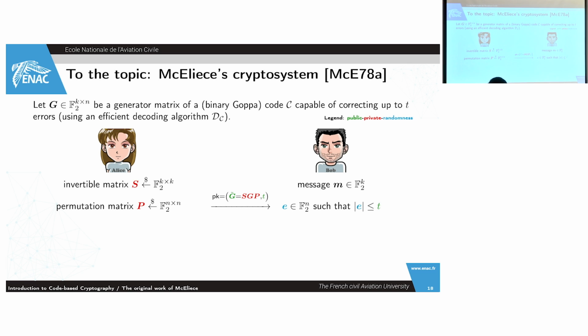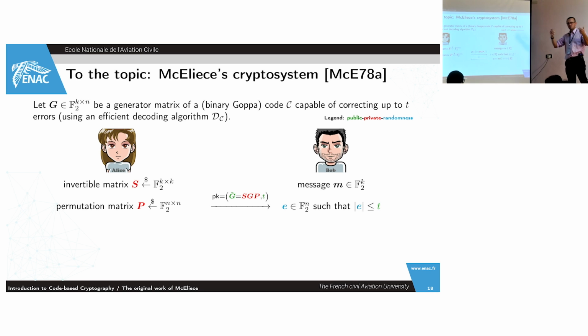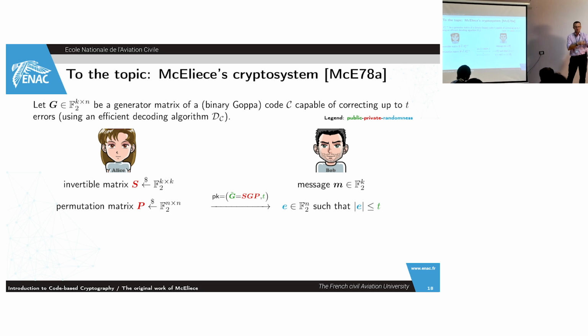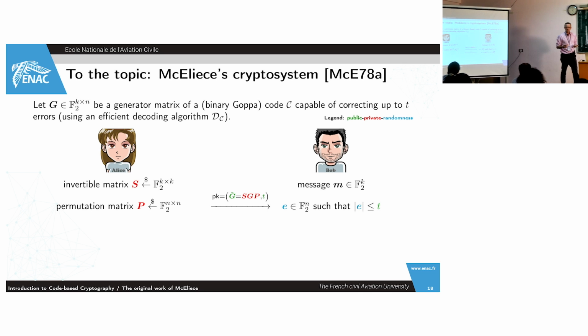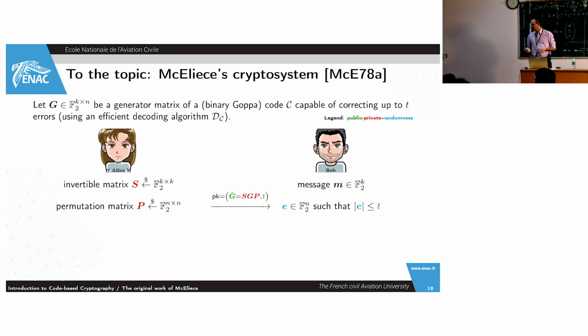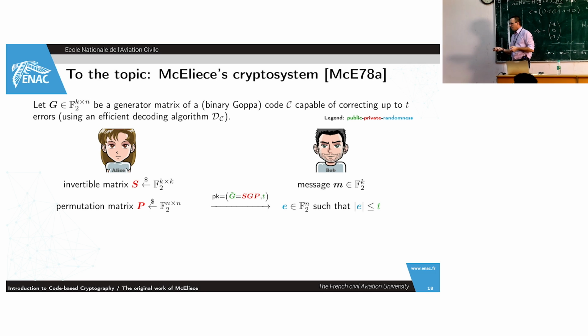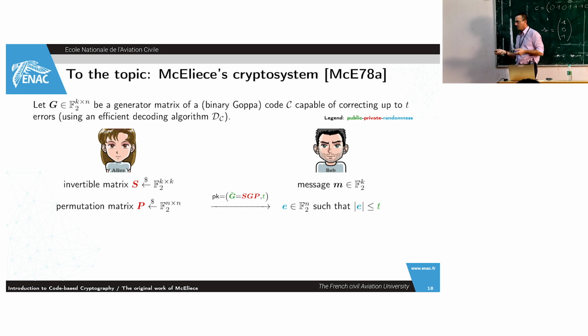So Bob has M and E. He encodes M with G tilde, which gives M times G tilde, and adds on top of this his error E of weight T. This gives the ciphertext C, and Bob sends C to Alice.